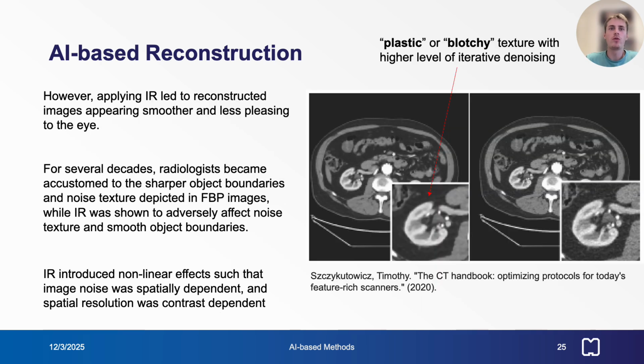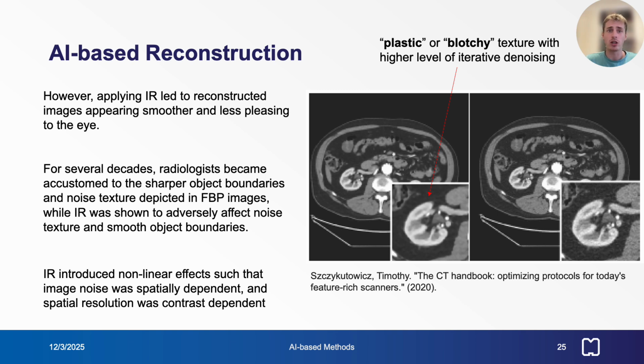Now, although all this sounds great, applying iterative reconstruction led to images that appeared smoother and less pleasing to the eye. For several decades, radiologists became accustomed to the sharper object boundaries and the noise texture depicted in filtered back projected images, while iterative reconstruction was shown to adversely affect noise texture and smooth object boundaries.